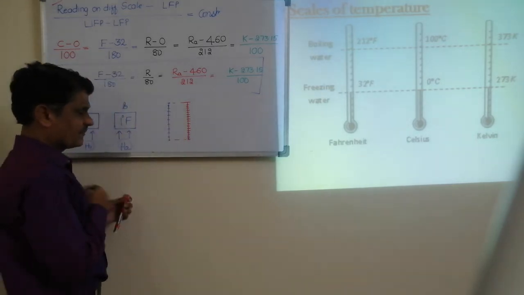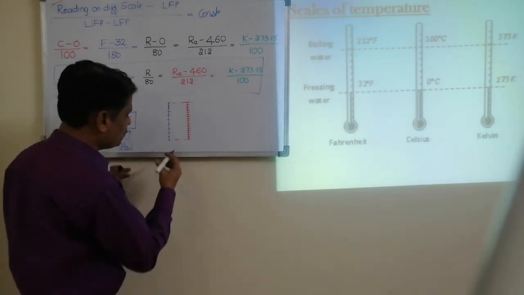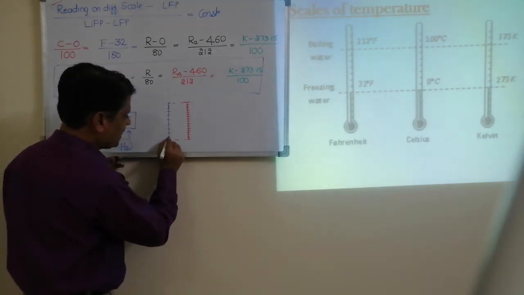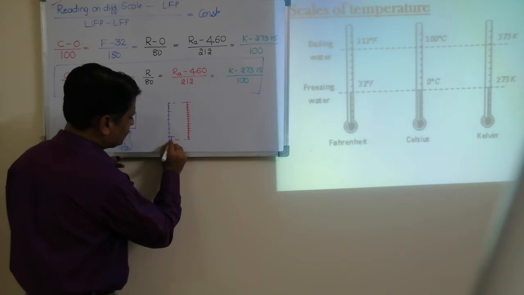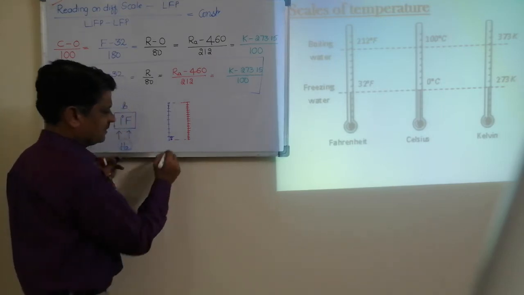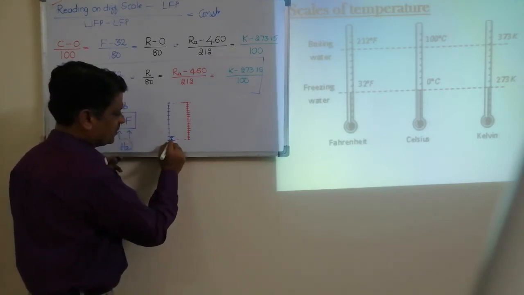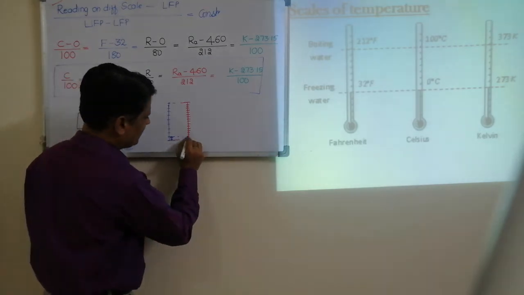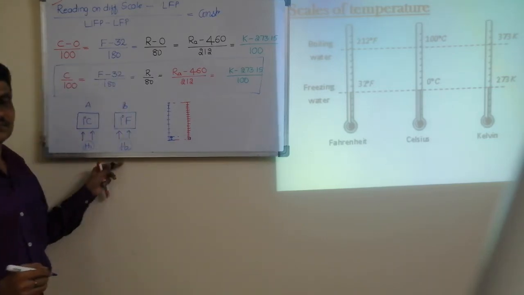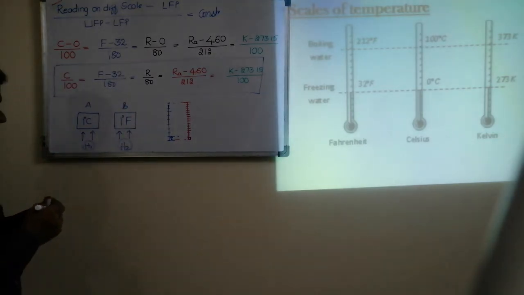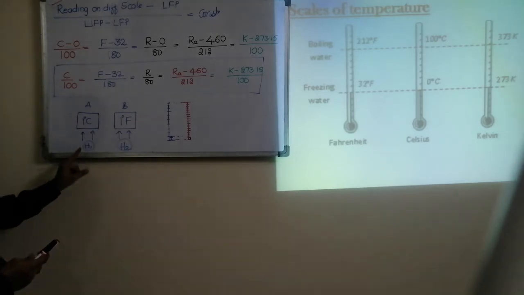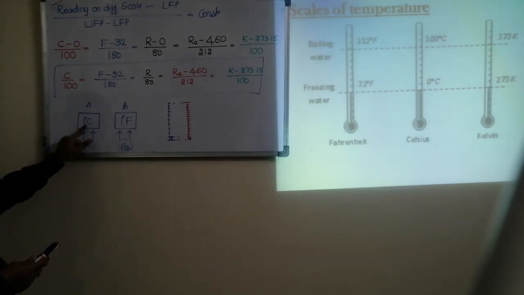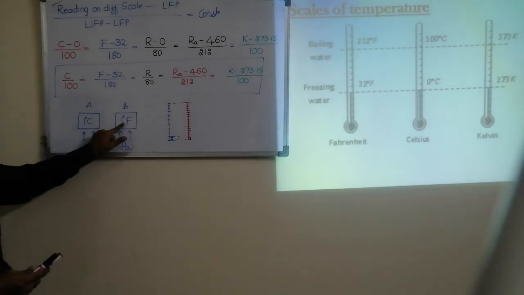It means here, to raise 1 degree Celsius, we have to raise the mercury up to this height. Here in this case, we have to raise only this much. Means we need more heat energy to raise 1 degree Celsius as compared to 1 degree Fahrenheit.